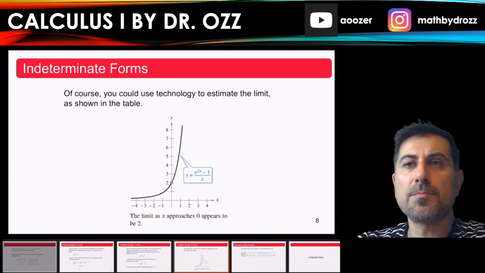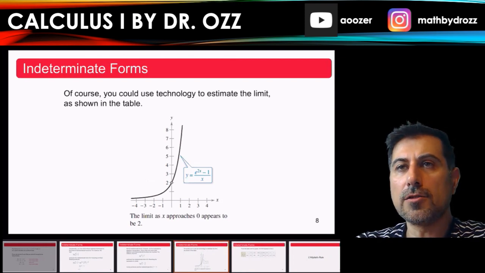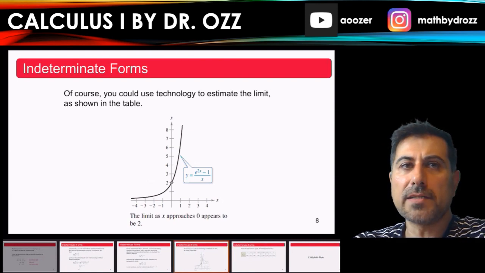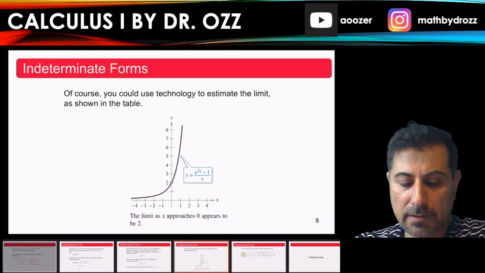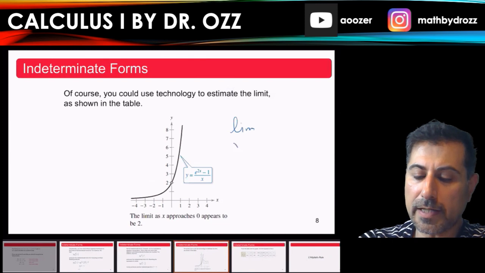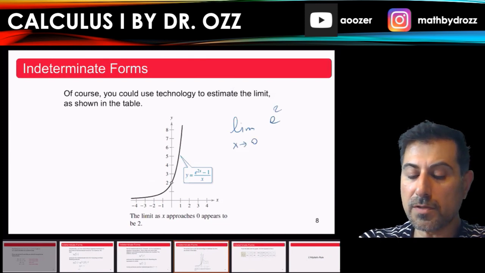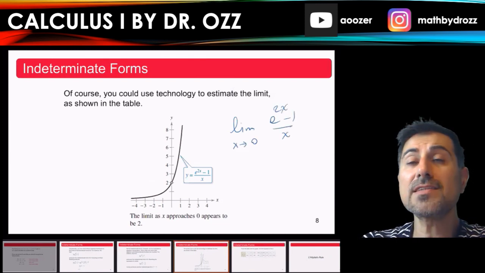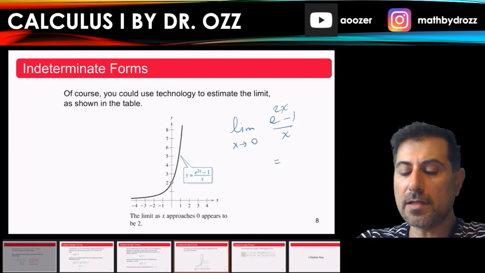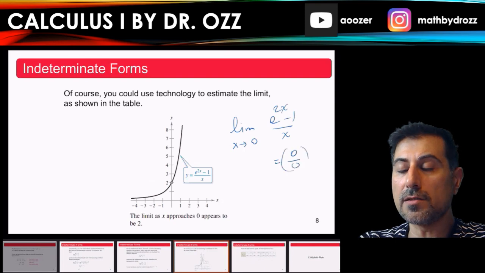And remember that there are primitive ways to check what the limit could be once you run into an indeterminate form. Obviously one of the best things to do is to look at the graph. For example, if you have the limit as x approaching 0 of e to the 2x minus 1 over x, just plugging in 0 for x is going to take you to 0 over 0, which is an indeterminate form.